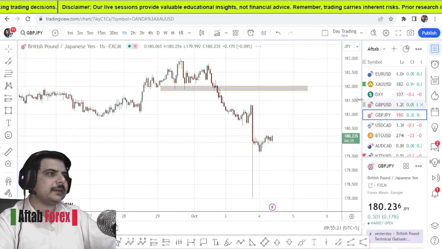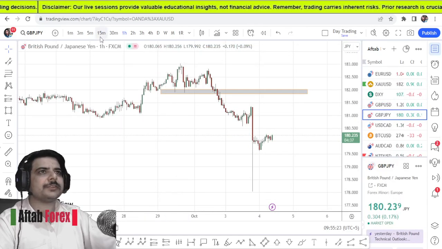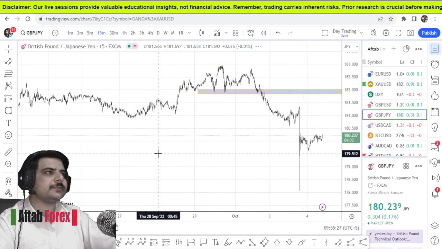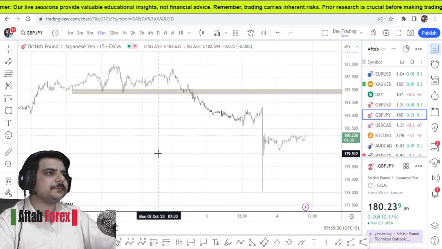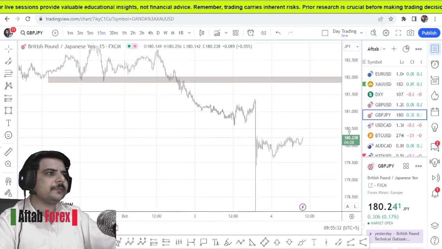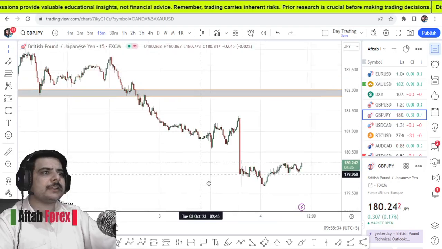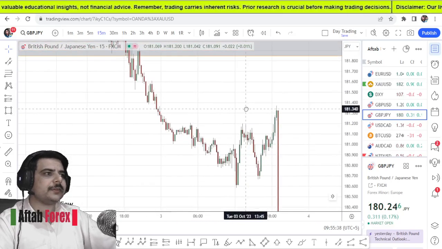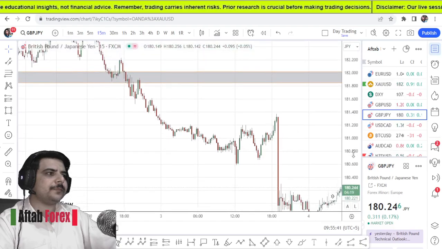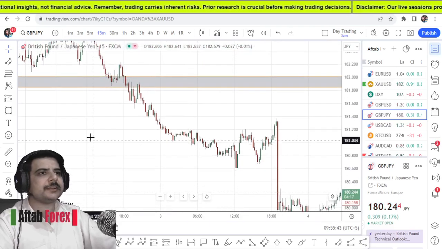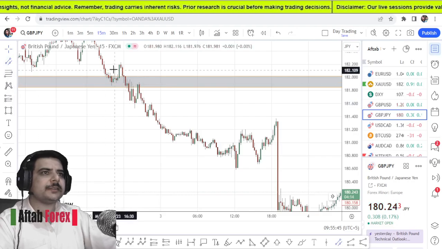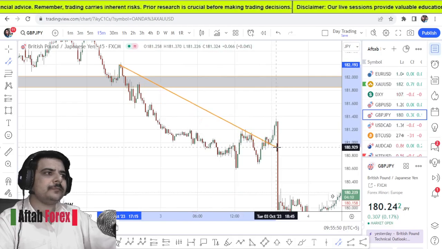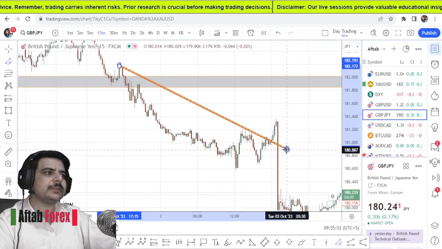Pound yen, I gave a very fantastic trade opportunity yesterday, and let's see if I can find it. There was a trend with us that initially got a little bit broken as well, and I have a video on my channel in which I discussed how to spot these false breakouts.